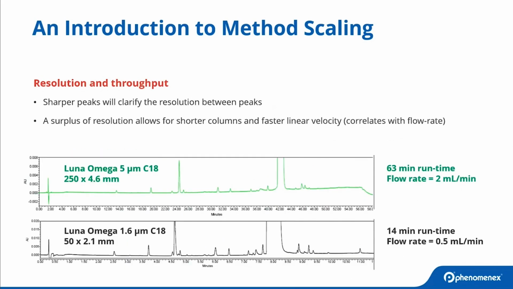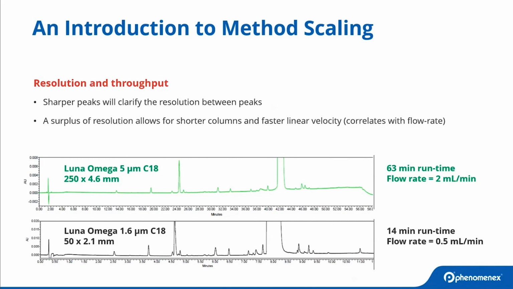Once you've established those sharper peaks, as hinted earlier, you don't need as long of a runtime. And so here are two chromatograms, which we will explore later, that exhibit the same resolution within a sample, but as you can see, the top chromatogram was achieved within a 63-minute runtime using a 250 by 4.6 column with 5 micron particles, as compared with the bottom chromatogram achieved in a much shorter 14-minute runtime using only a 50 by 2.1 packed with 1.6 micron particles.